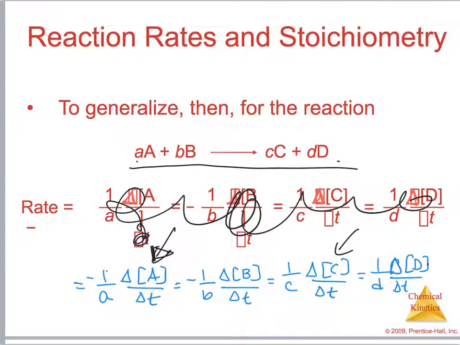If this confuses you, you can go back and just, as I said, use the ratios to try to figure it out, and that's what we'll be practicing in class next time.